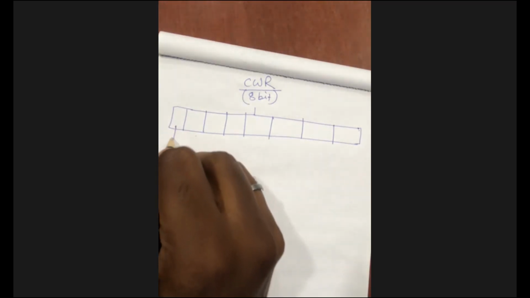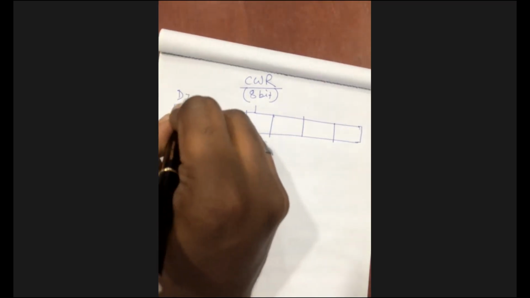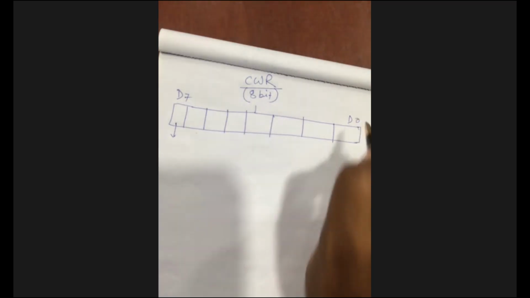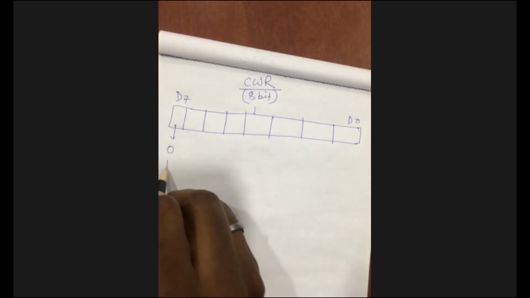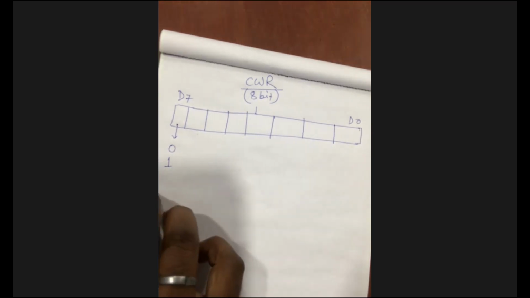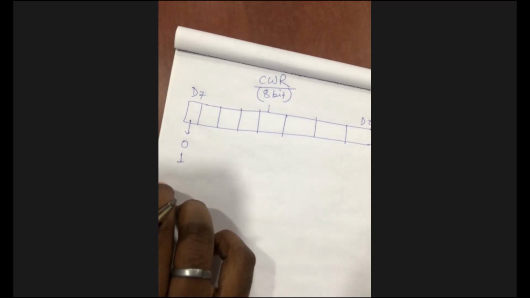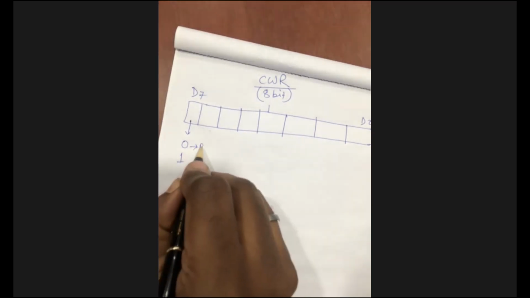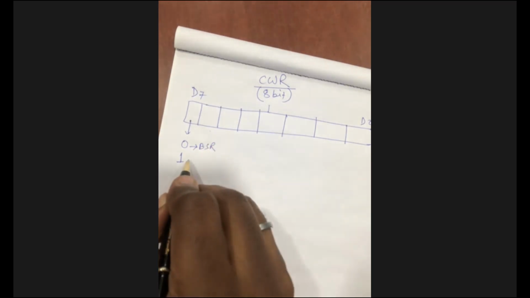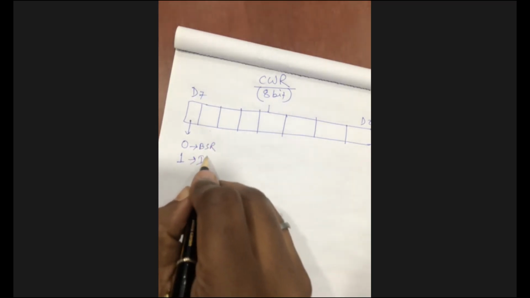This bit is called D7 bit. This is called D0 bit. This bit can be 0 or 1 because it's binary. If 0, then it's a BSR mode. If 1, then it's an IO mode.